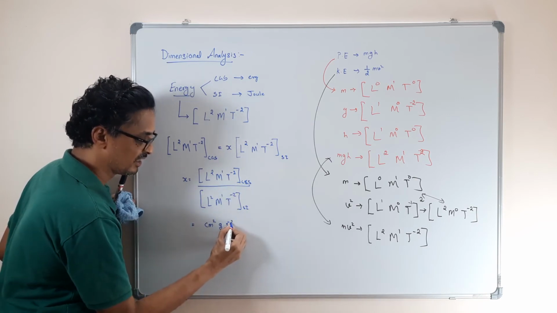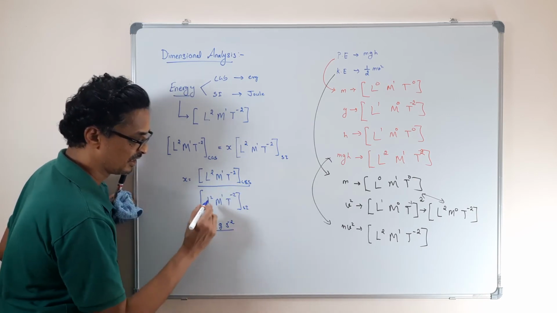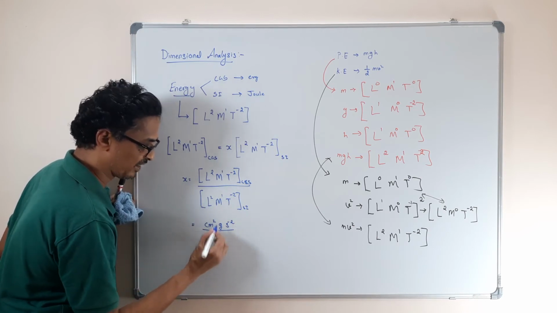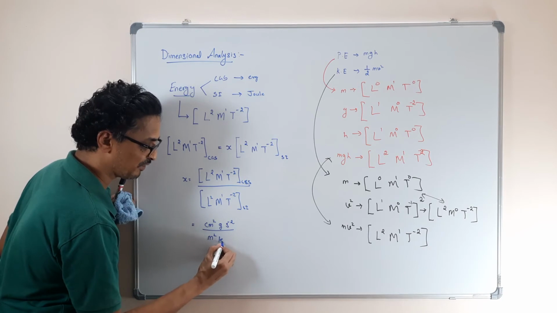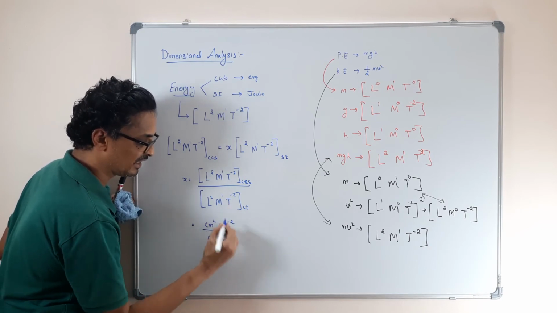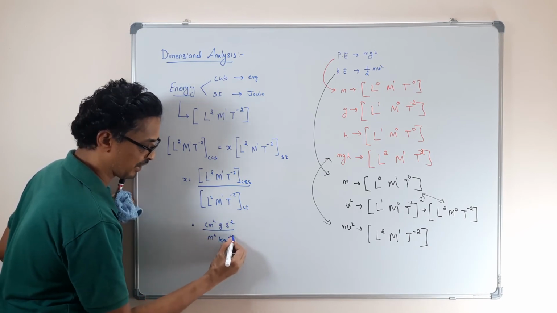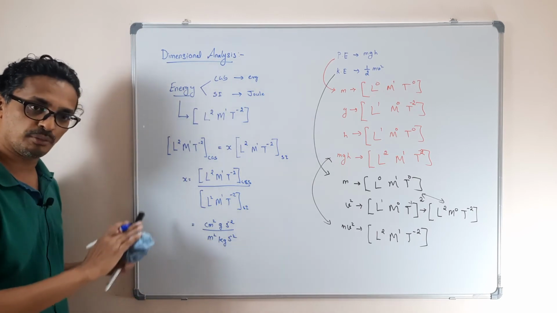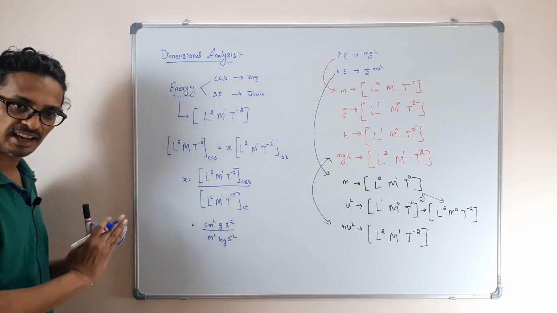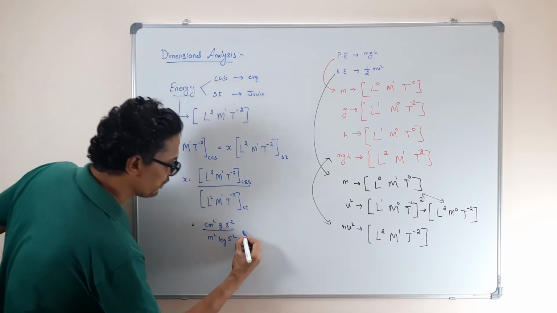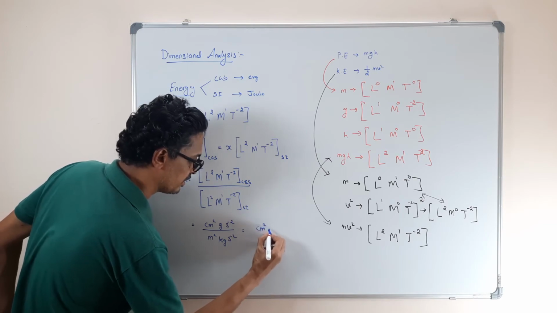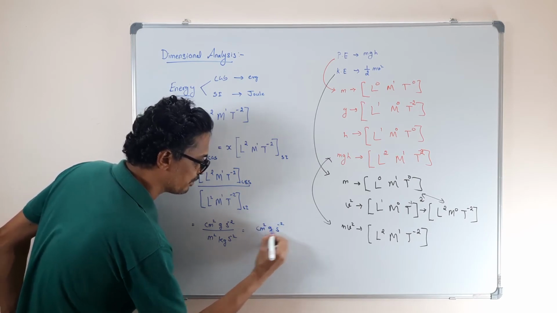Correct? So in the SI unit, length will be in meter, so meter square. Mass will be in kilogram. And time will be second minus 2. Now you know how to convert meter to centimeter, kilogram to gram, correct? So I can write it as centimeter square, gram, second square. Let me convert.